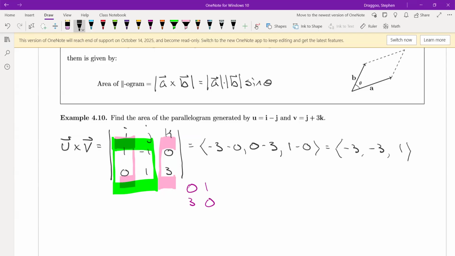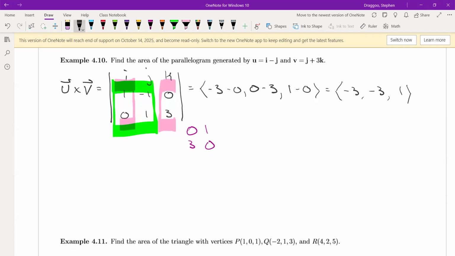We could check this thing real quick to make sure that it works. Dot product with 1, -1, 0 is going to be -3 plus 3. That's 0. Dot product with 0, 1, 3: -3 plus 3, also 0. Hopefully you're cool with me just talking those numbers out. But right, we really just wanted the magnitude of these two vectors. Try that again.